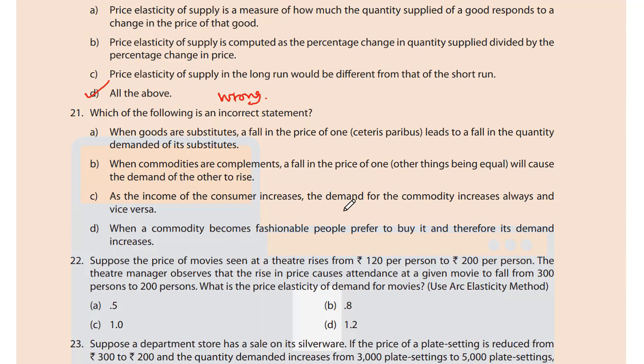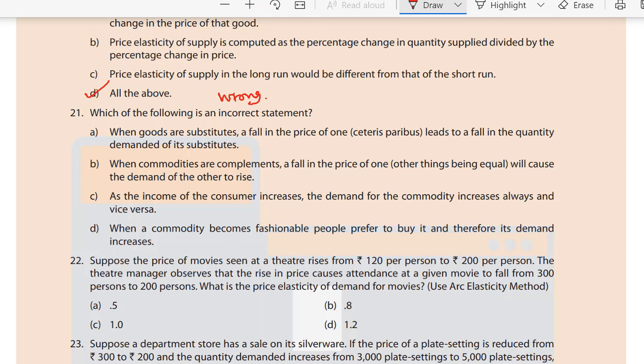C, as the income of the consumer increases, the demand for the commodity increases always and vice versa. Or D, when the commodity becomes fashionable, people prefer to buy it and therefore its demand increases. So the other three statements are correct, but statement C is false.